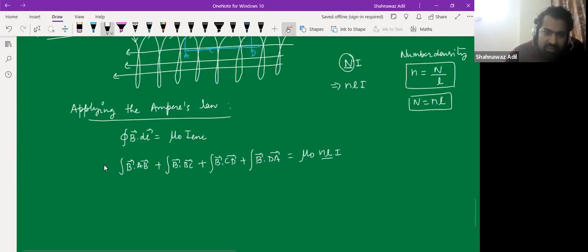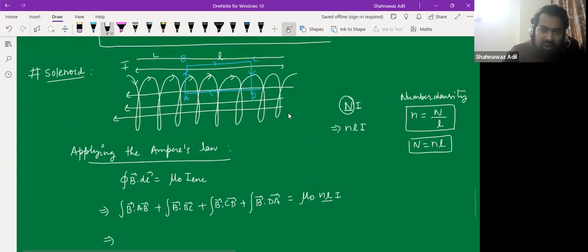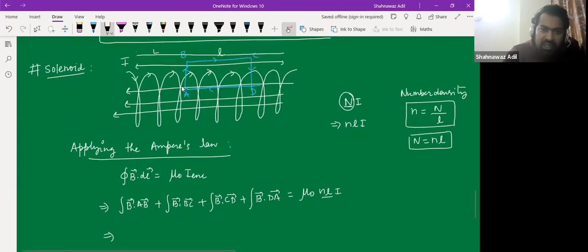So then let us calculate all these magnetic fields. What can you tell about the magnetic field along AB length? This line is perpendicular to the magnetic field.